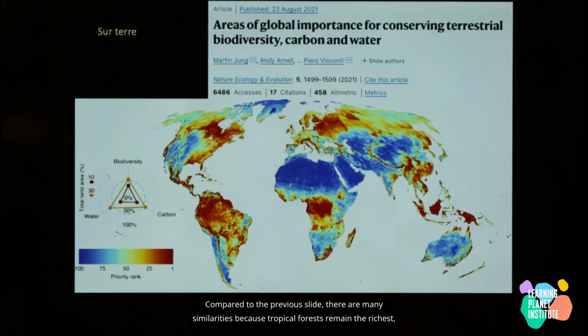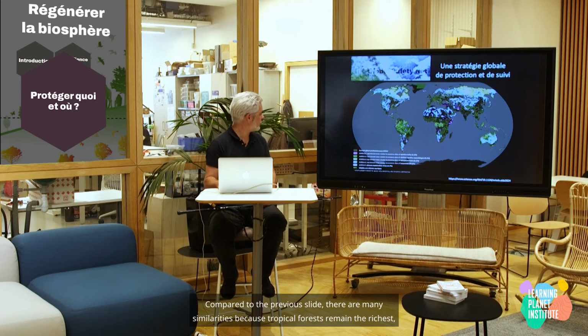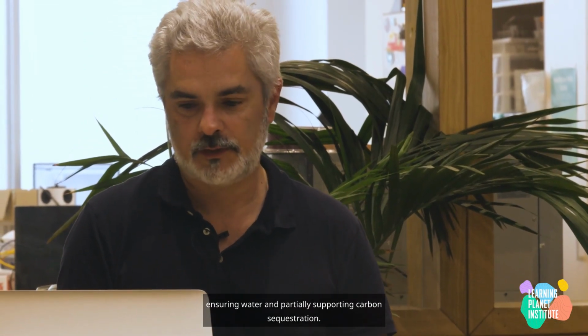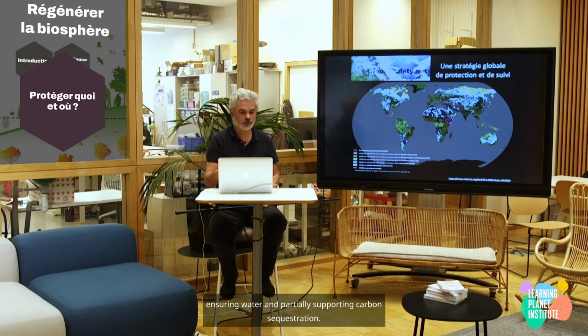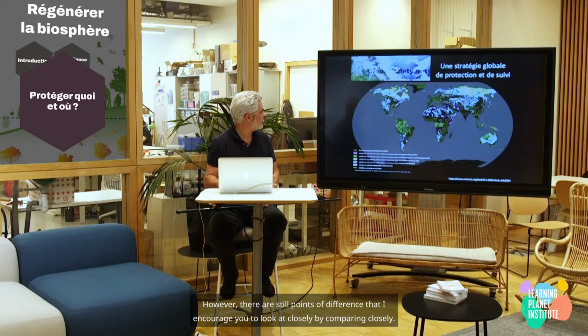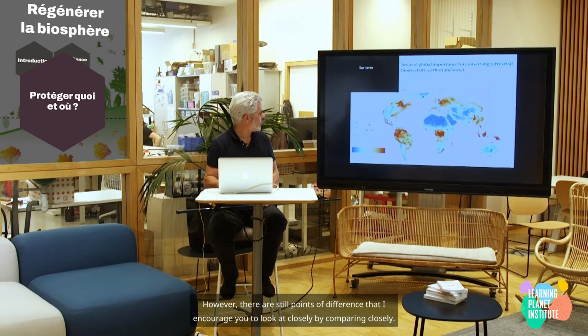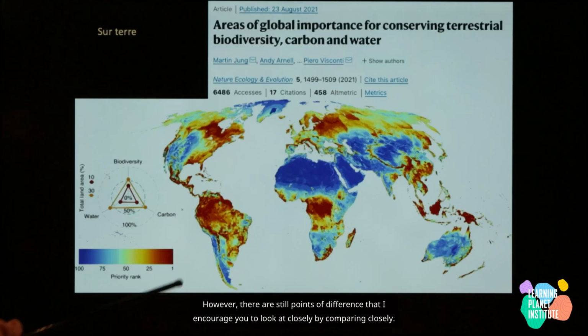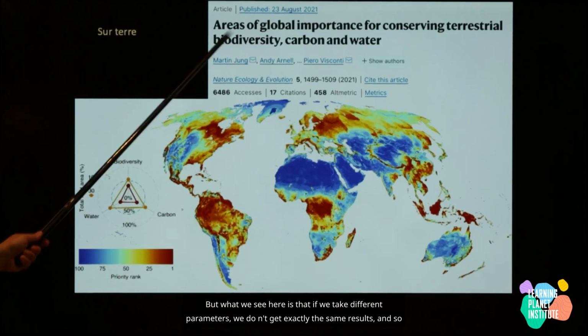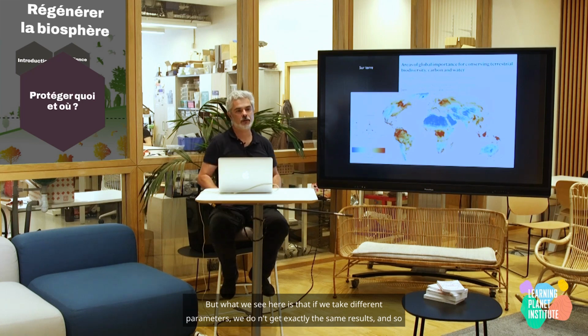Compared to the previous slide, there are many similarities because tropical forests remain the richest, ensuring water and partially supporting carbon sequestration. However, there are still points of difference that I encourage you to look at closely by comparing. But what we see here is that if we take different parameters, we don't get exactly the same results.